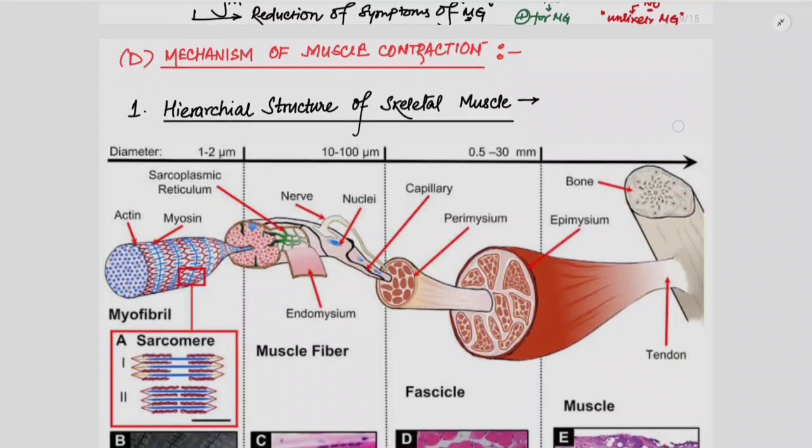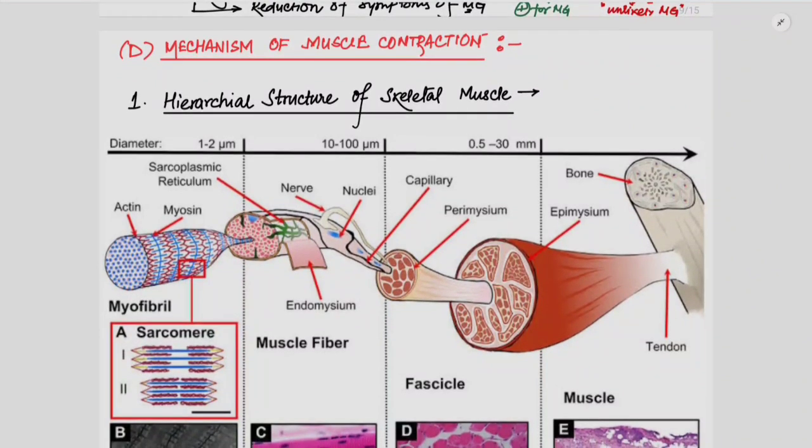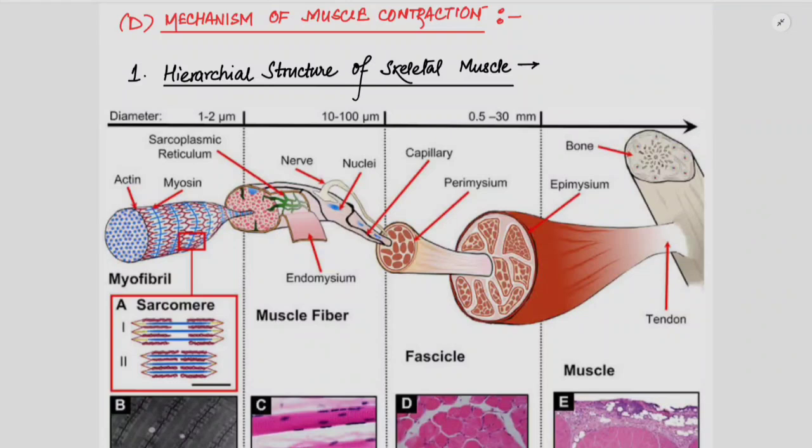It is a very important topic in this chapter. For the mechanism of muscle contraction, we firstly understand the structure of skeletal muscle. We know that there are epimysium, perimysium, and endomysium, which cover the muscle fibers and the myocytes.